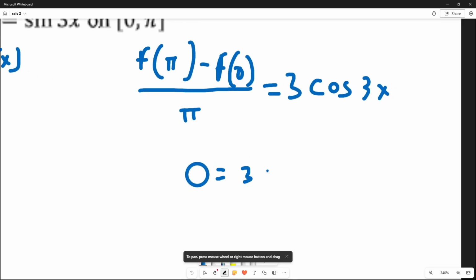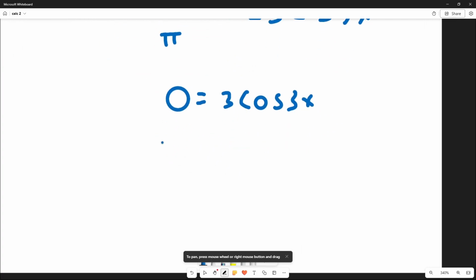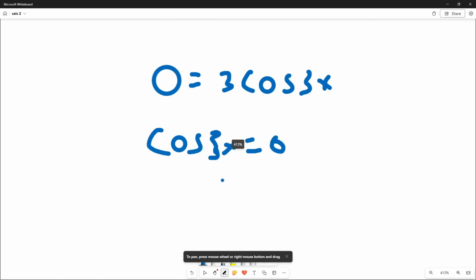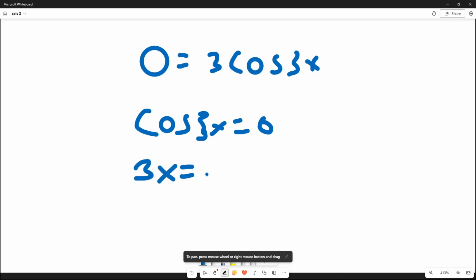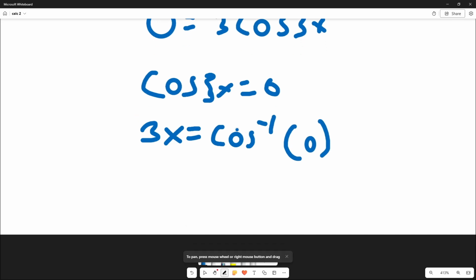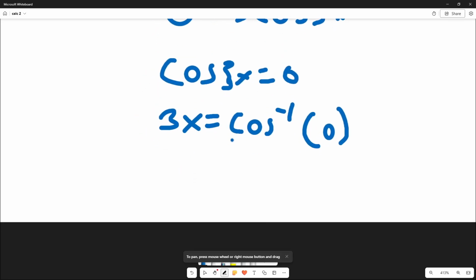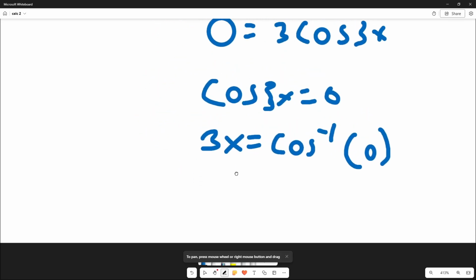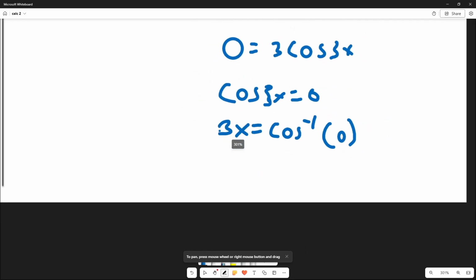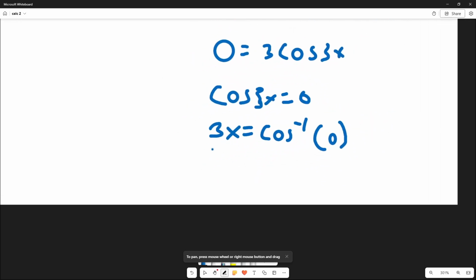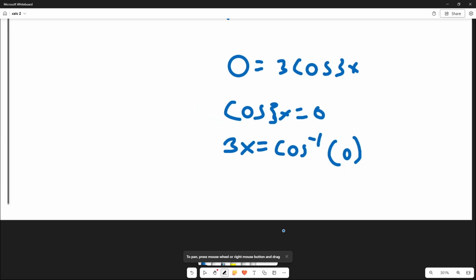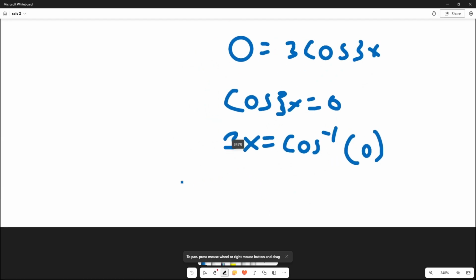And then again, just solve for the value x. So you're going to get cosine 3x equals 0. Take the inverse, and then that'll just be cosine inverse equals 3x. And then you know that cosine is 0 at a couple possible values. So in this case, I'll just give you the answer straight away.